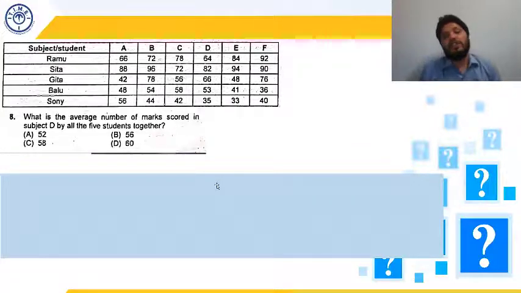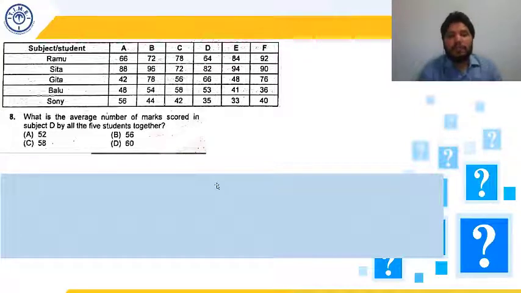What is the average number of marks scored in subject D by all the 5 students together? So what is the formula to calculate average? Sum of all the observations divided by the total number of observations. So what is required here? Average number of marks scored in subject D by all the 5 students together.